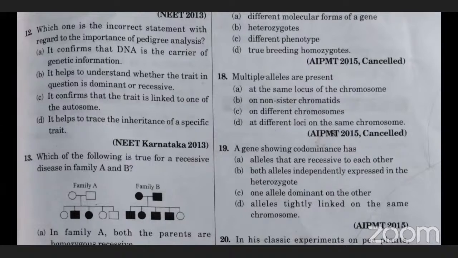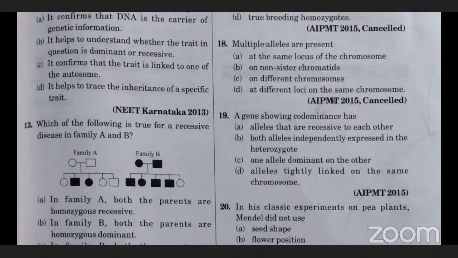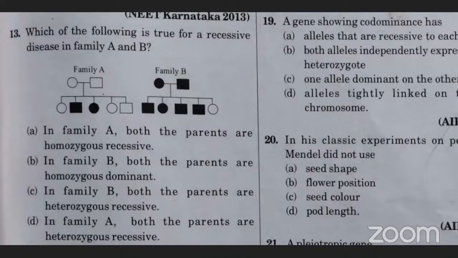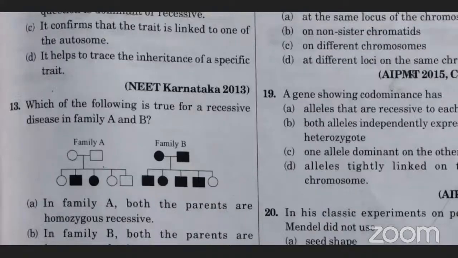The 13th one. Just now we discussed: which of the following is true for the recessive disease in family A and family B? In family A, a normal male is mating with a normal female. In family B, an affected male mates with a normal female.